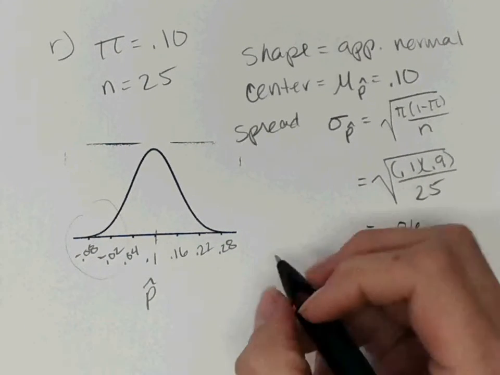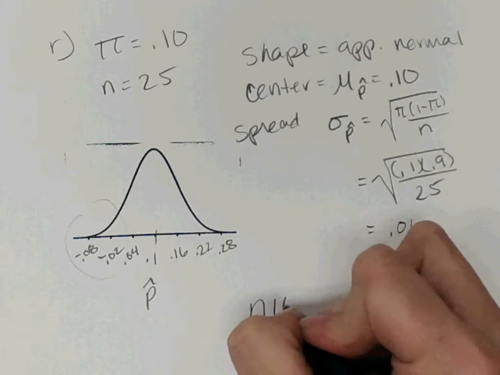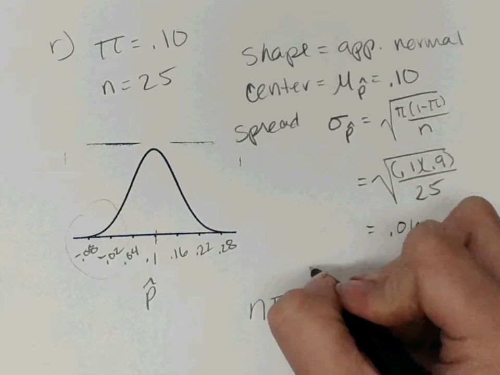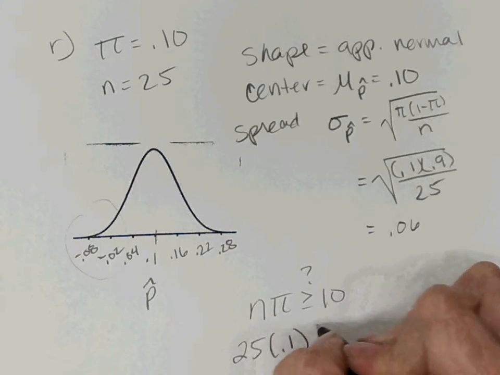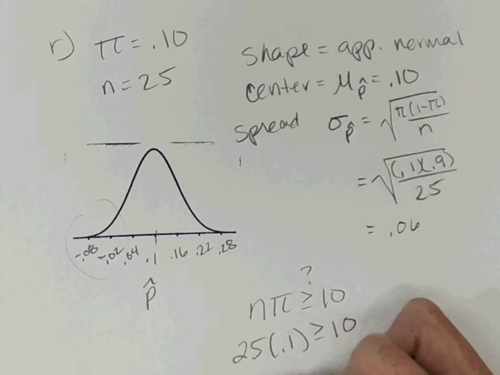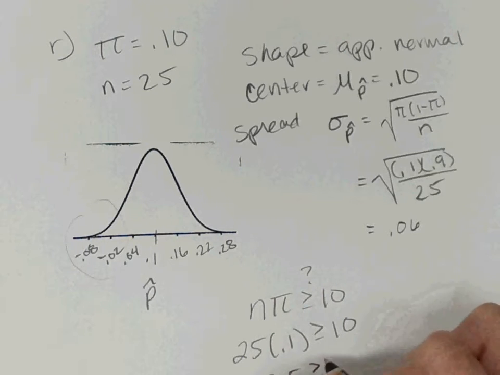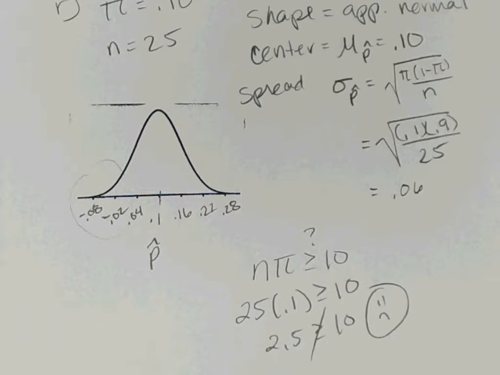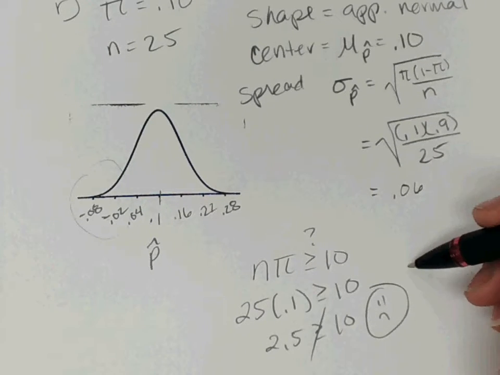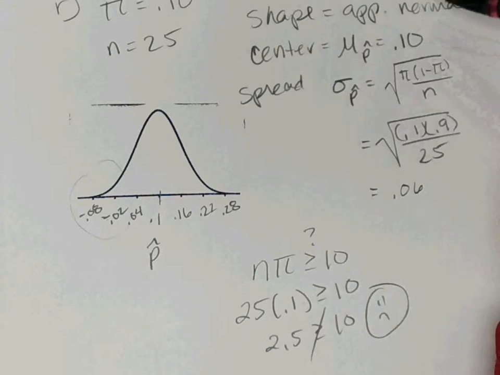If I check to see is n times pi greater than or equal to 10, I've got 25 times 0.1 greater than or equal to 10. 2.5 is not greater than or equal to 10. My conditions are not met. So if my conditions are not met, that means that my central limit theorem is not valid. I can't use it unless those conditions are met.